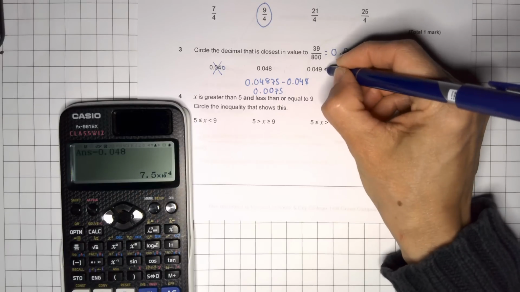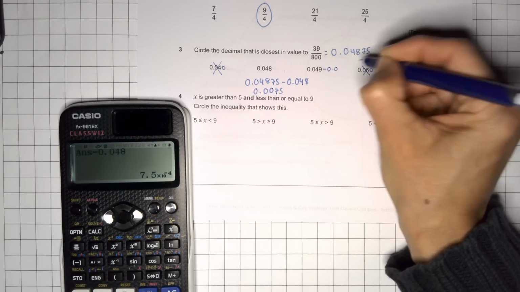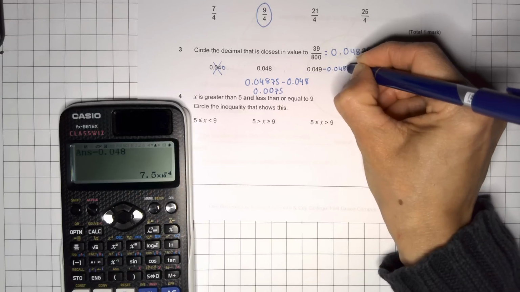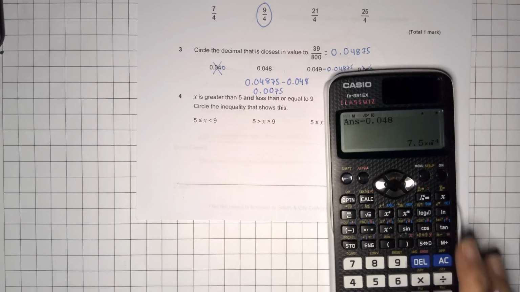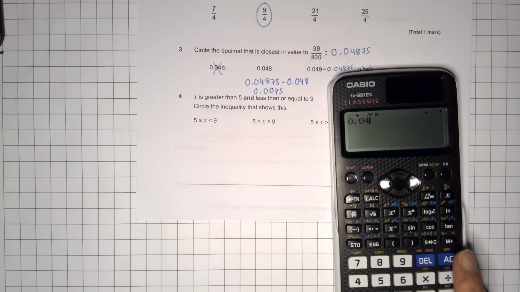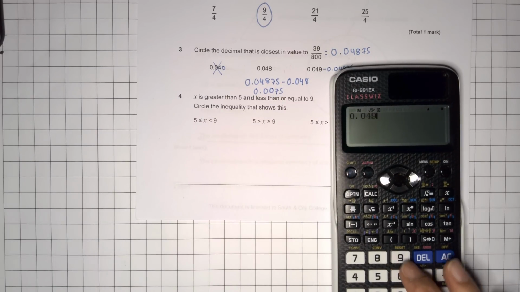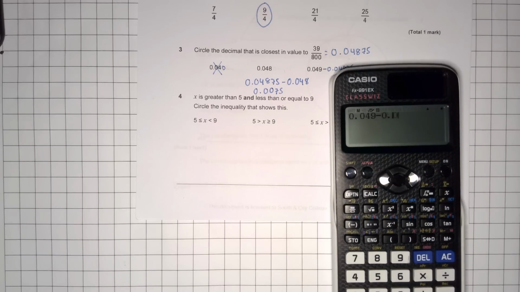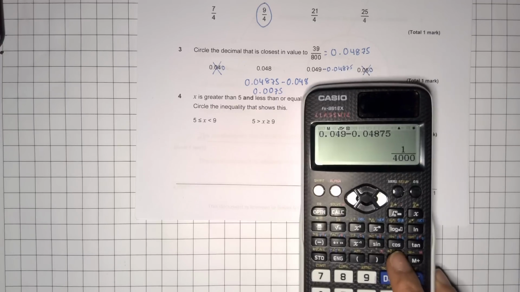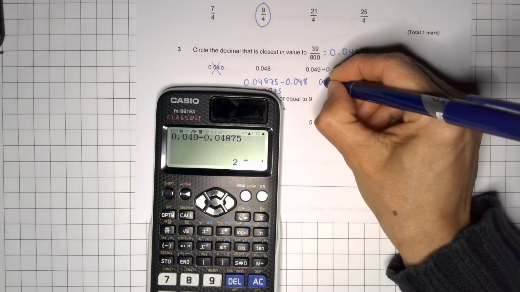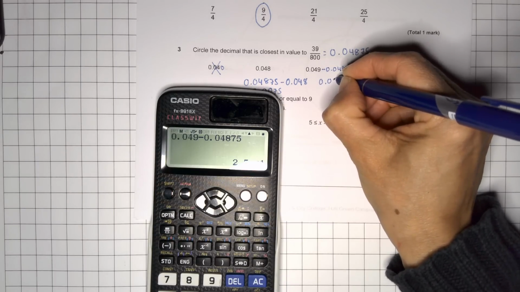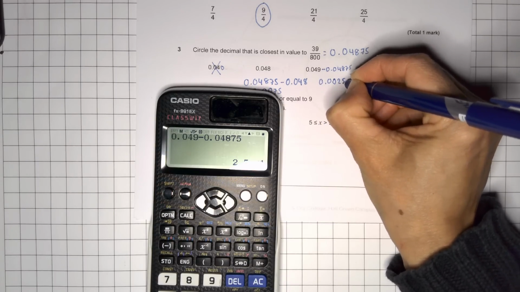And here the same, we'll take away 0.04875 from 0.049. When you put that in your calculator, you'll end up with another answer, and in this case it comes out to 0.0025.